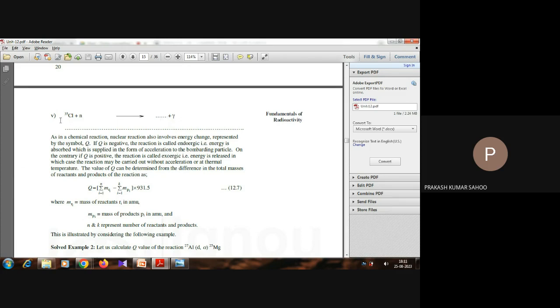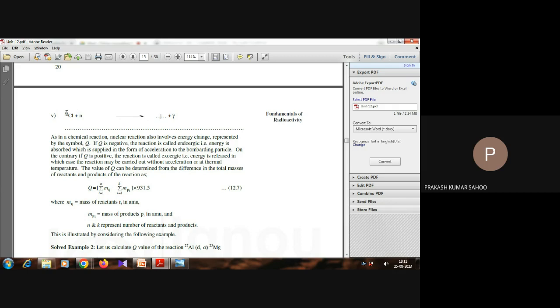That means here, if chlorine is bombarded with a neutron, then the product will again be chlorine 17, and the mass is changed, that is 36, with the liberation of a gamma ray. There is no change in atomic number, and the atomic mass is increased by one unit.